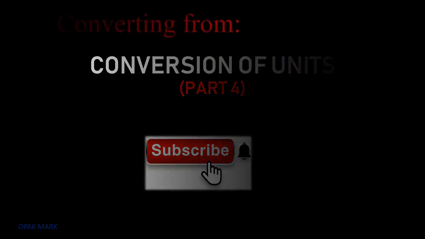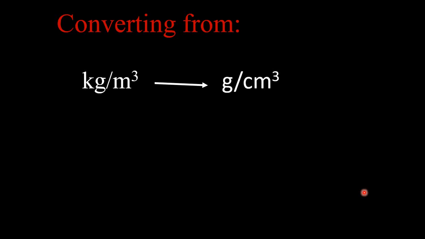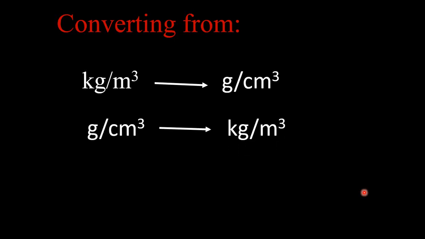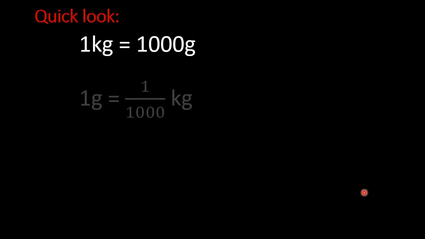Let's look at this. That is converting from kilograms per cubic meter to grams per cubic centimeters, then also from grams per cubic centimeters to kilograms per cubic meters. Let us have a quick look here. That is 1 kilogram is equivalent to 1,000 grams, and also 1 gram is equivalent to 1 over 1,000 kilograms.